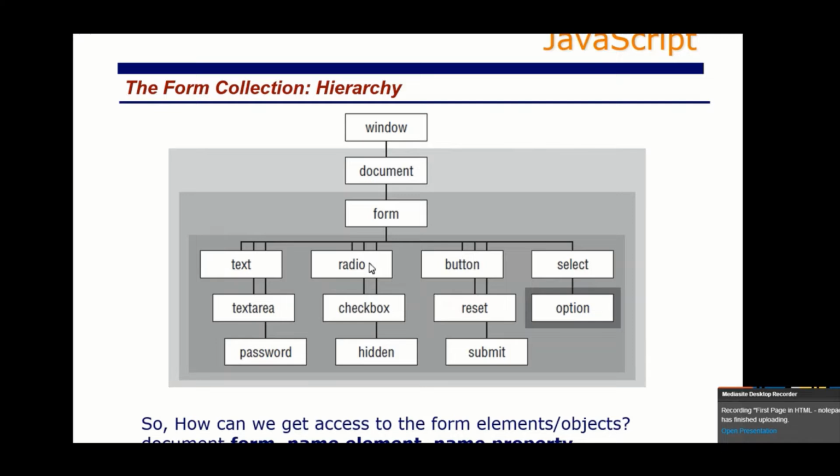Okay, you can have radios, and radios like check boxes as well. Button, you can have the reset or submit button. If you want to reset whatever you are entering in a form, you can click this button and it's going to reset, clean all the data that we entered in our form.